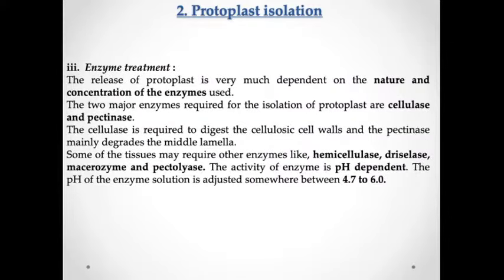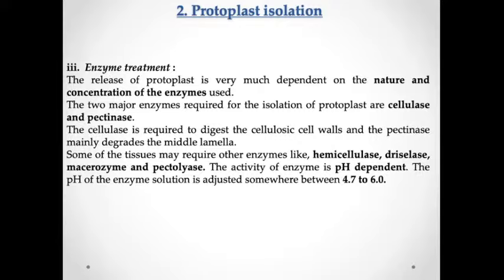Afterwards, enzyme treatment is quite important, as these factors make your protoplast isolation very rigorous. The release of protoplast is very much dependent on the nature and concentration of enzyme used. The two major enzymes required for the isolation of protoplast are cellulase and pectinase. The cellulase is required to digest the cellulose cell walls, and pectinase mainly degrades the middle lamella.